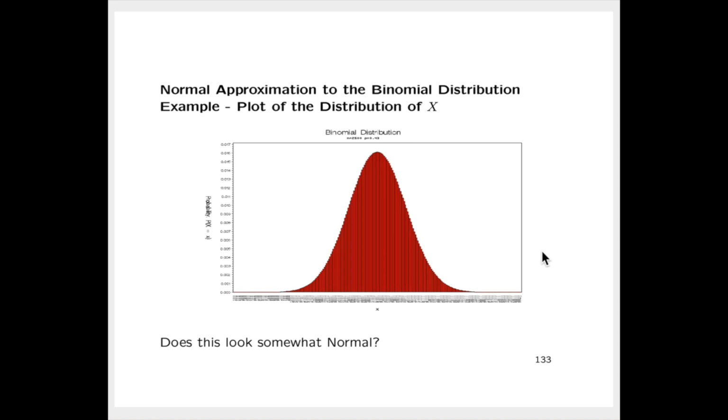Another way to think about it is we said that the approximation would be good if both n times p and n times 1 minus p are greater than 10. Well, in this case, n times p is over 1,000, 1,075, and n times 1 minus p is also very large.